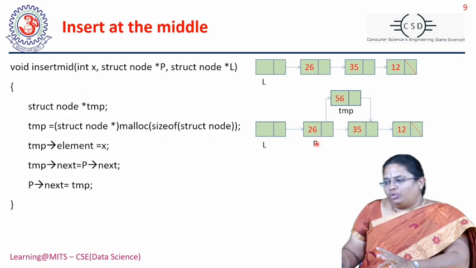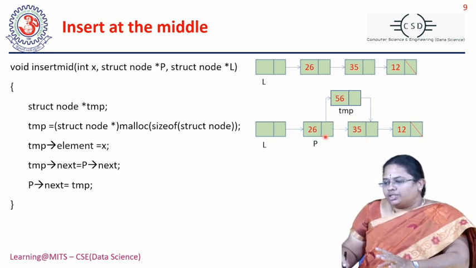Now I have to just readjust the pointers between p and p next node. This is p node. At this position we have to insert, and so we have to readjust this link. Instead of this link, I have to make this point here and this point here. So for this, first the address of this node, the 35's address will be at p next, right? At the position p next, 35's address is there, that I am copying to here.